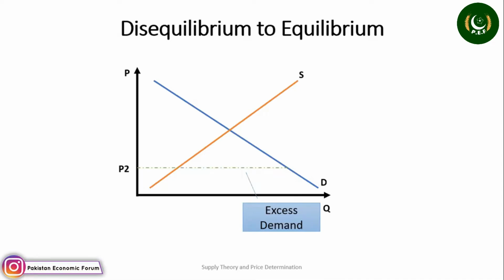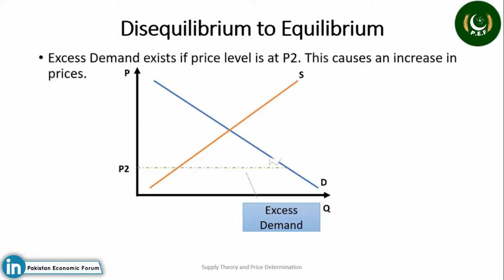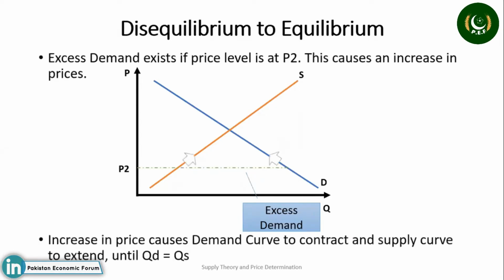Some of them will offer a high price to the producers, and this will push up the prices. An increase in the price will result in expansion of quantity supplied. Hence, we will move along the supply curve upward. The quantity supplied will increase.